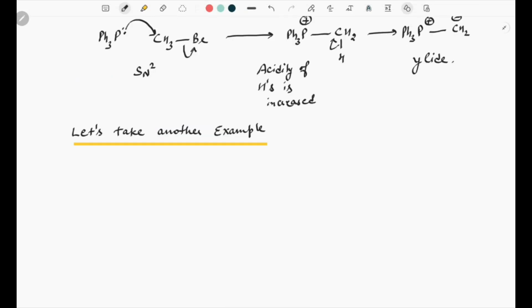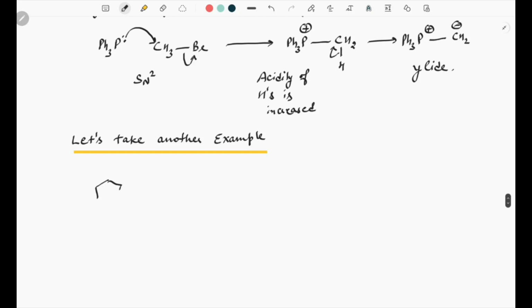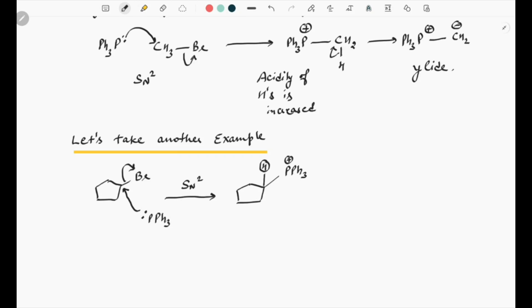Let us take another example. Cyclopentyl bromide, when treated with triphenylphosphine, undergoes an SN2 like process to give you the phosphonium compound in which phosphorus is positively charged, and now the acidity of this hydrogen is significantly increased.